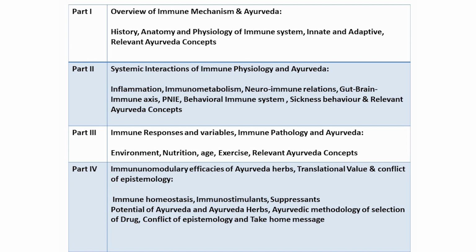The last presentation will deal with the immunomodulatory efficacy of Ayurvedic herbs, their translational value, and at the end, the conflict of epistemology. What is immune homeostasis, which drugs are immunostimulants, what are immunosuppressants, and how to interpret all these in Ayurveda, we will see in the last part.